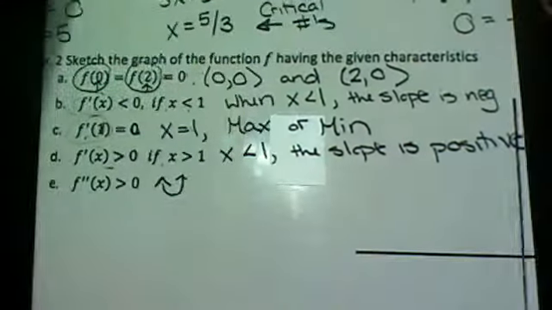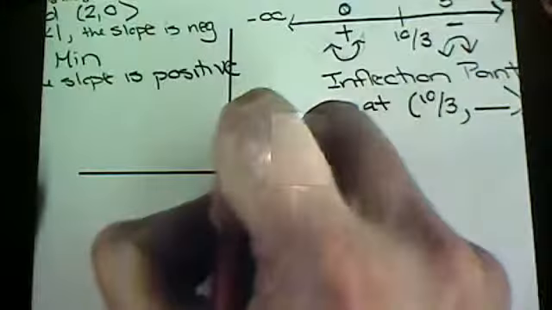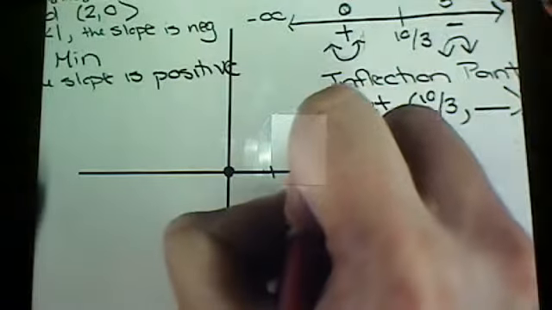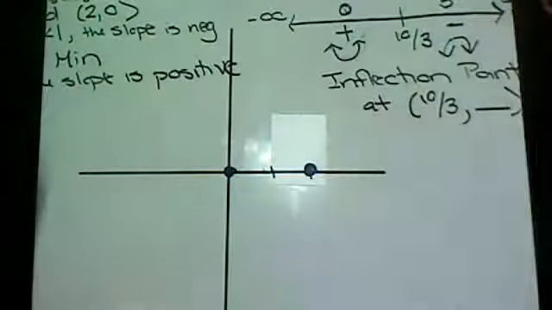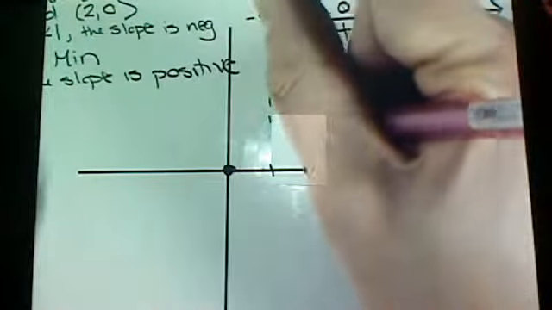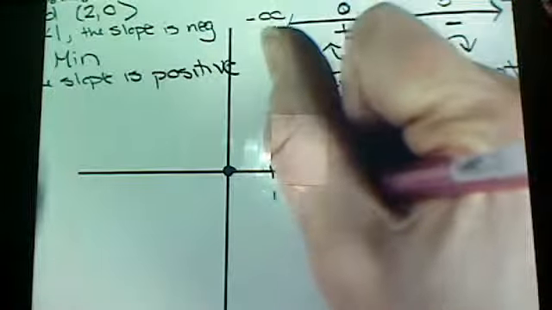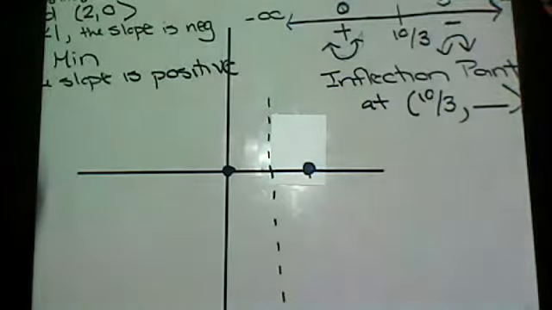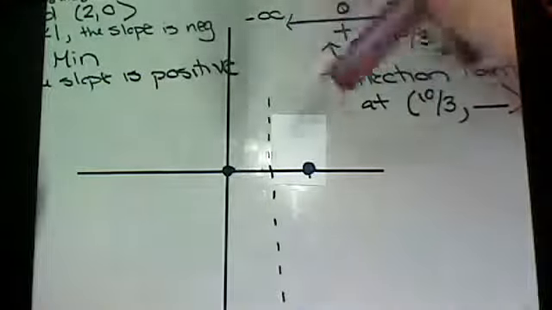So let's start drawing what we know. We know that we will be crossing the x-axis at 0, 0 and 2, 0. So there we go. We know we're crossing there and there. We know that our graph does different things when x equals 1. When x is less than 1, they say the slope is negative.